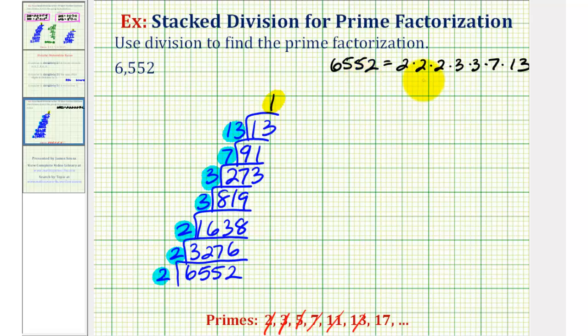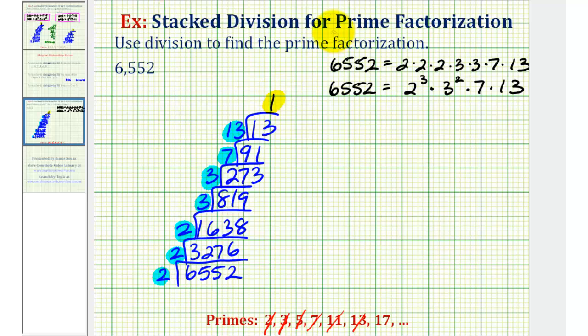Or if we're asked to write this using exponents, we would have 6,552 is equal to 2 cubed, or 2 raised to the third power, because we have 3 factors of 2, times 3 squared, or 3 to the second power, since we have 2 factors of 3, times 7 times 13.